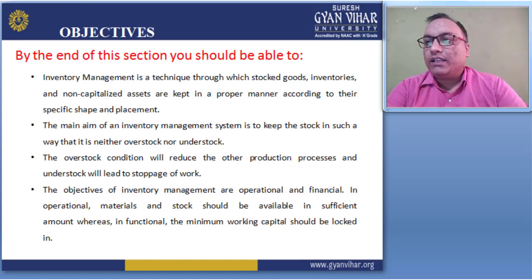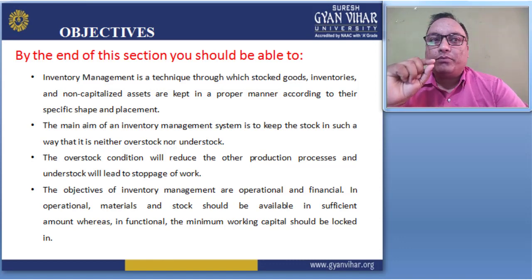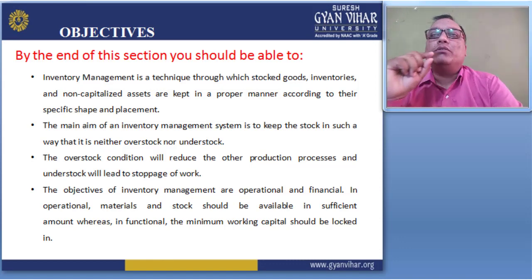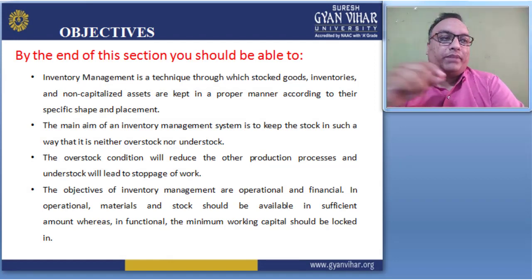Means in this process, inventory management, you just plan how to manage your stocks in your company. If any overstock condition occurs, it will reduce the order production process, and understock will lead to the stoppage of the work.